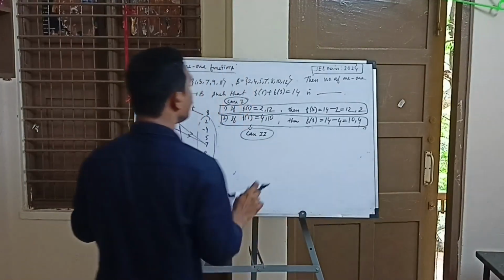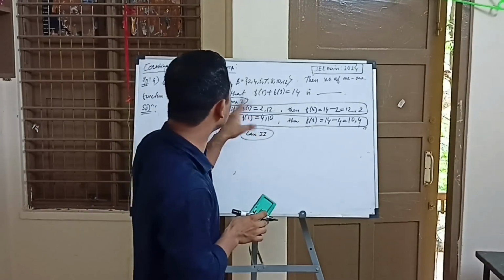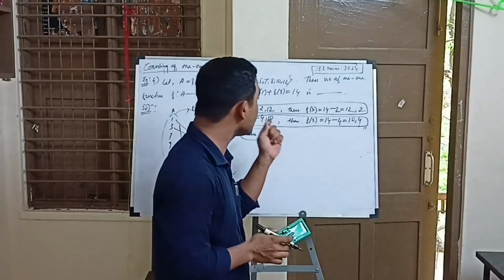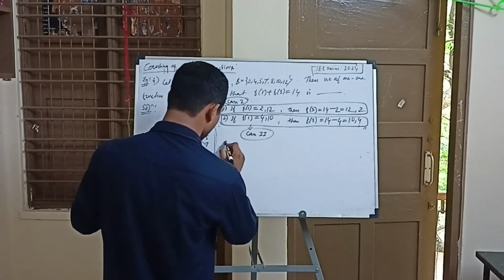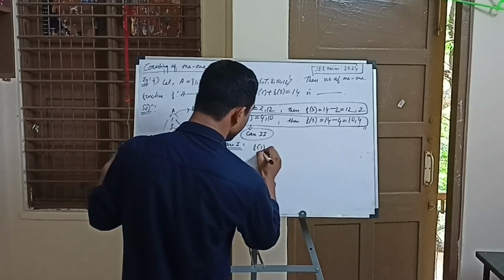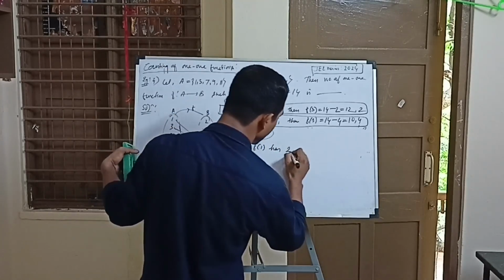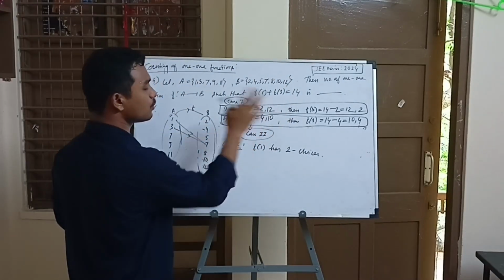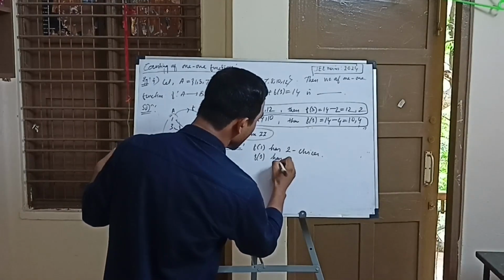Now we will find the number of possible one-one functions such that the image of f of 1 is 2 or 12, and the image of f of 3 is 12 or 2. For case 1, the image of f of 1 has two choices, that is 2 or 12, right? So f of 3 has how many choices?